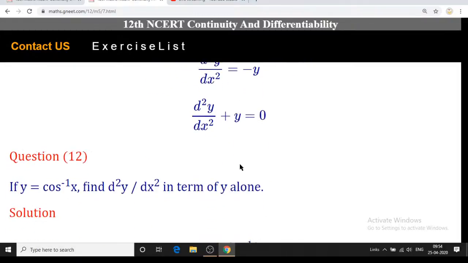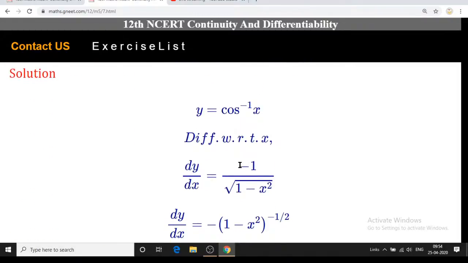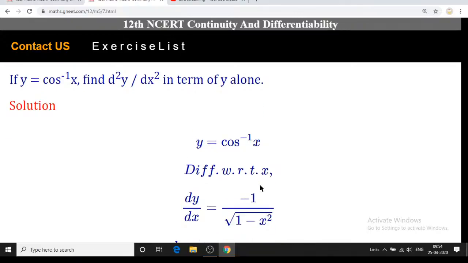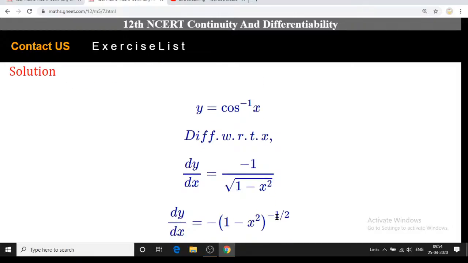Now we will solve the 12th question. y is cos inverse of x. Find the second order derivative in terms of y only. The question was given in x, but they have asked the answer in y. So first, y is cos inverse x. Differentiate. When we find the derivative it is minus 1 upon under root of 1 minus x square.